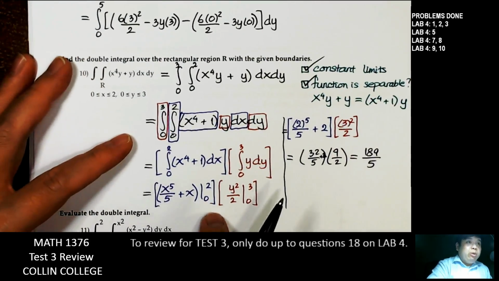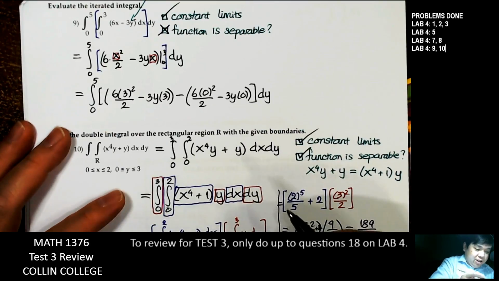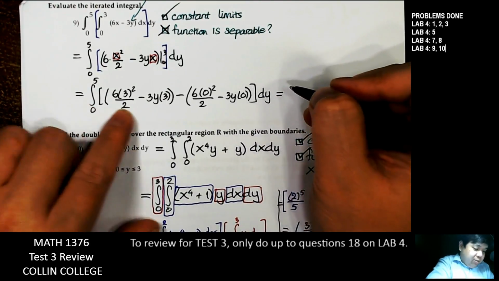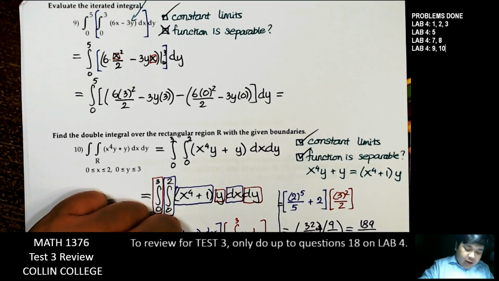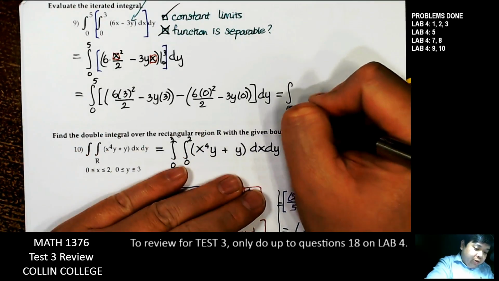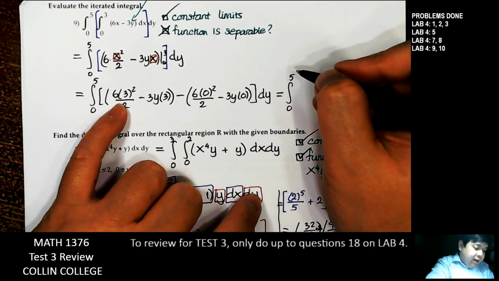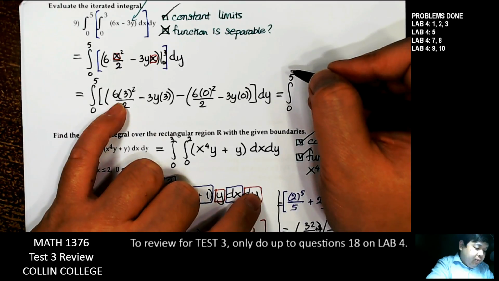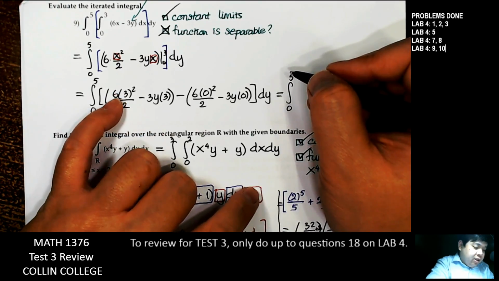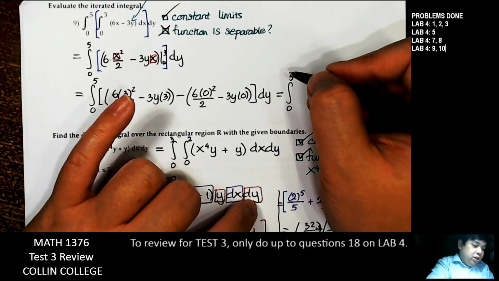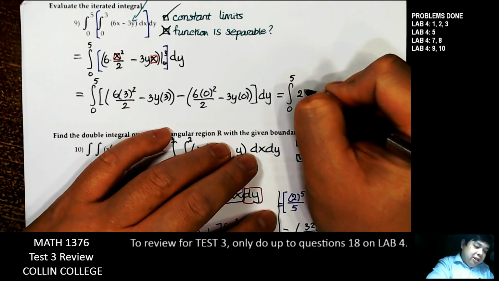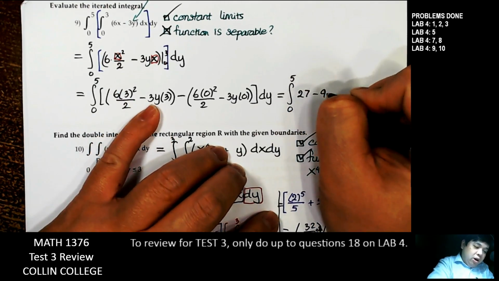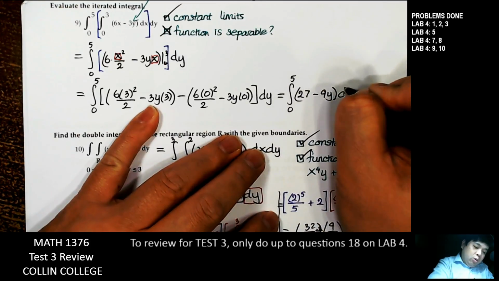Kind of like this one where we put in 0, we have 0. Alright, simplify this. 0 to 5, and that is 6 and 2 cancel. We have 3, 3 and 3, so that's 27 minus 9y dy.